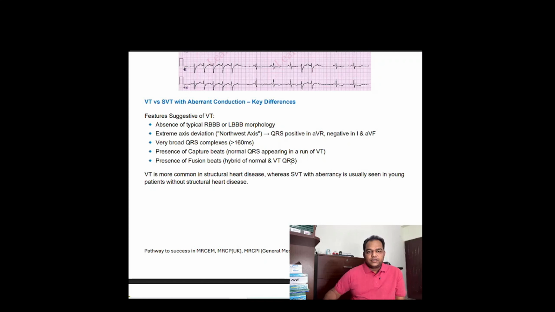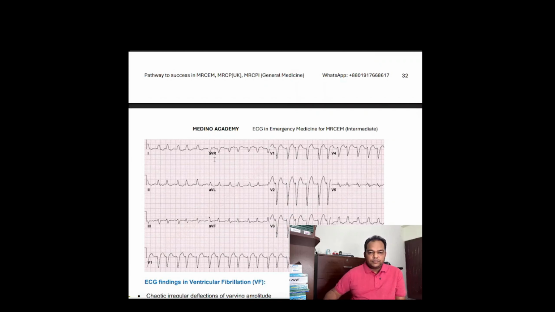When these features are not present, it may be a case of SVT with aberrant conduction. That means SVT with bundle branch block, either LBBB or RBBB. So, in case of SVT with aberrant conduction, RBBB or LBBB morphology is present. In case of VT, there is no RBBB or LBBB morphology.